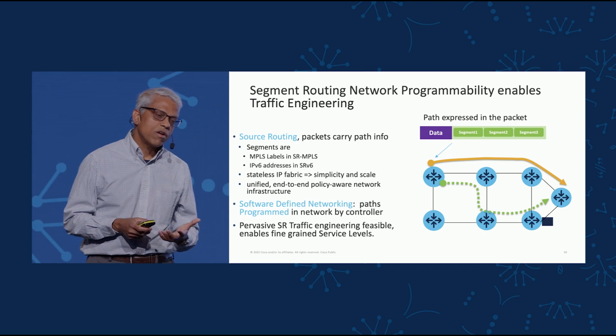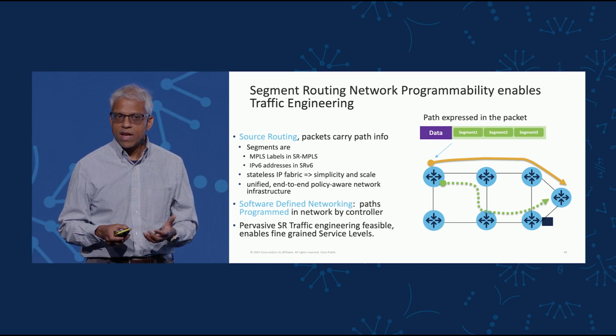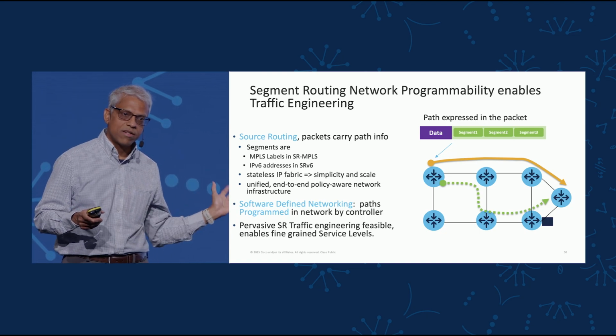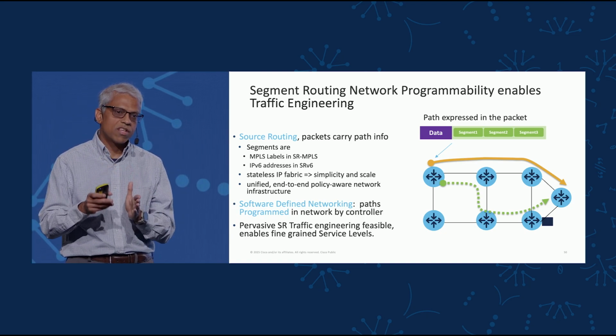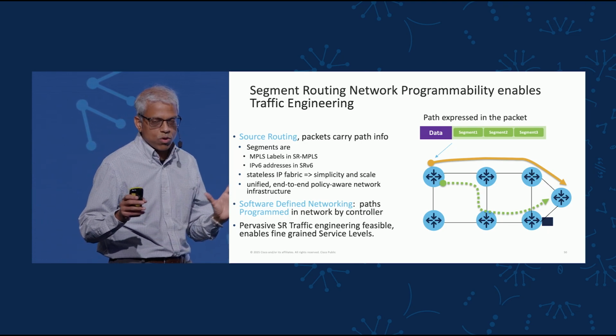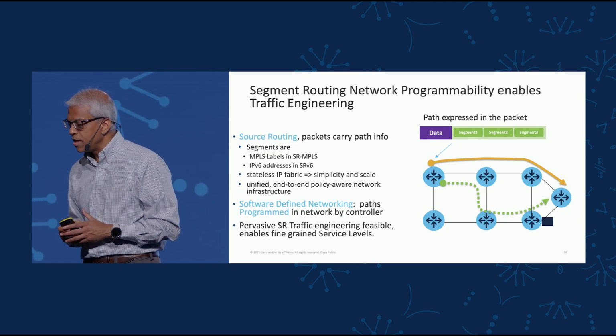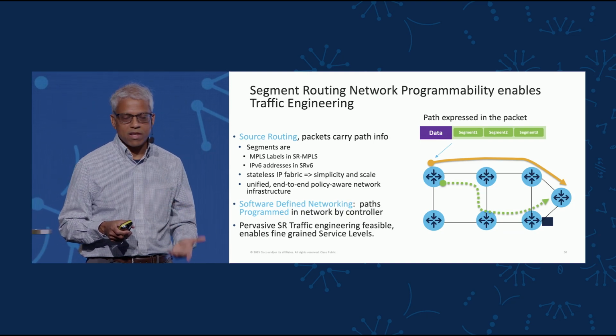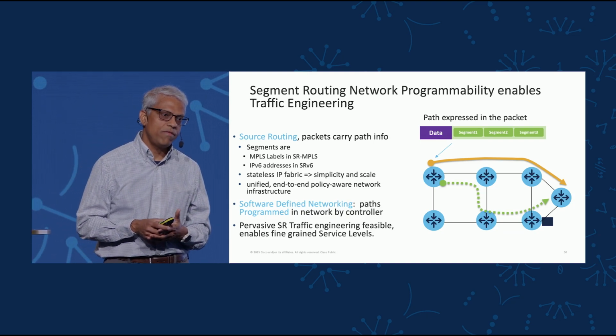Segment routing uses source routing principle, meaning you can put all these segments that a packet has to go through in the packet header and send it. All the intermediate routers just look at the segment header and switch it out. So that's a very short summary of how segment routing works. With SR-MPLS, these segment identifiers are just MPLS labels. With SRv6, they are IPv6 headers.